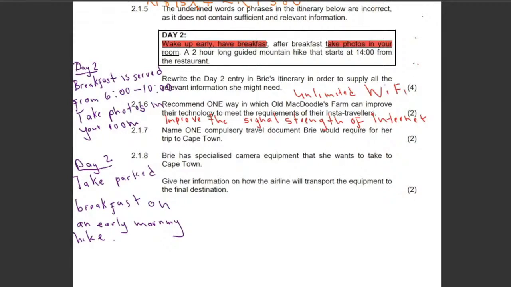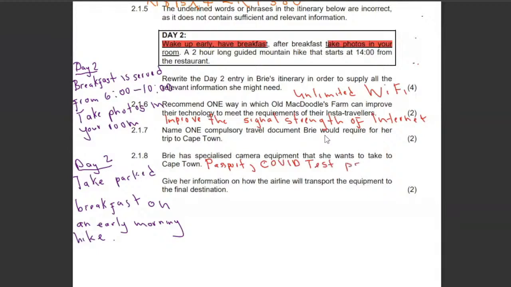Then name one compulsory travel document Bria would require for your trip to Cape Town. As she is going to Cape Town from Spain, remember she's actually from Spain, the basic document she needs is a passport. Then she also needs COVID test proof.